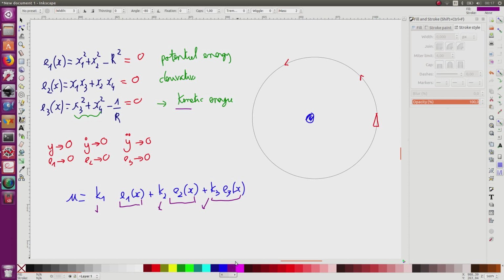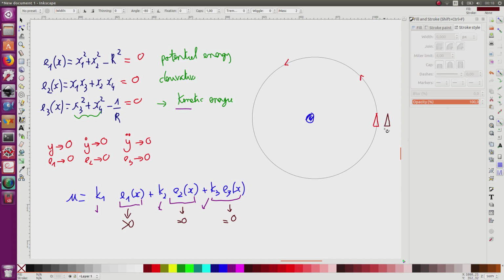Now I will consider a situation where E1 is positive, E2 equals 0, and E3 equals 0. In this situation, since E1 is not 0, my satellite is not on the red circle, but here.